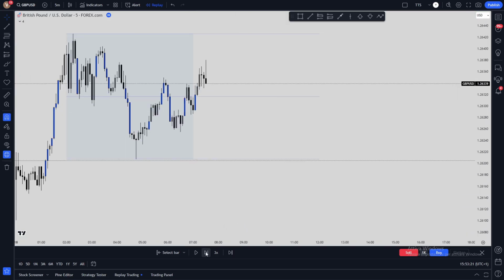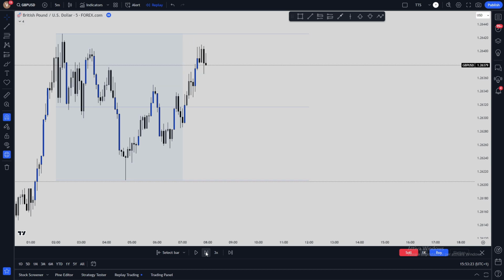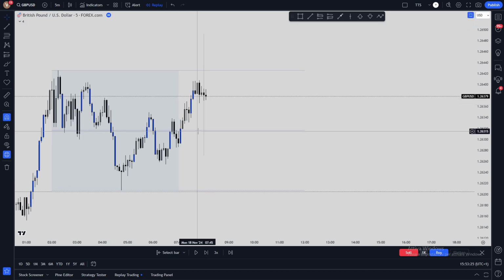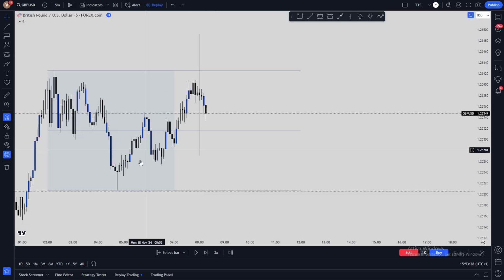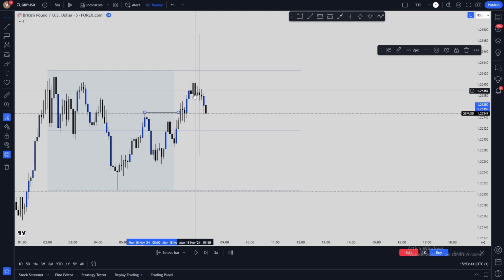So wait for our main session. For me it is London. I don't really look at Frankfurt open because I'm not in the chart, so I skip the first movement of the day. As you can see, coming out of Asia we have a clear break of structure to the upside.